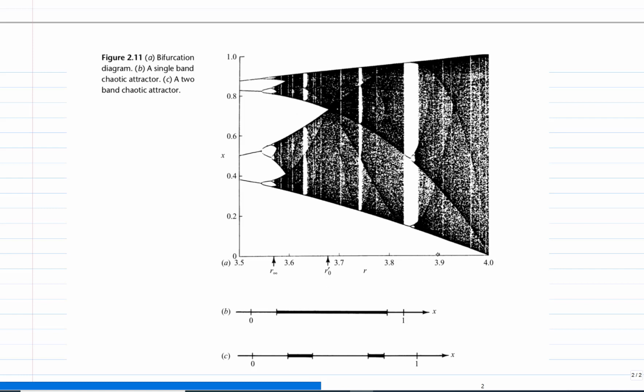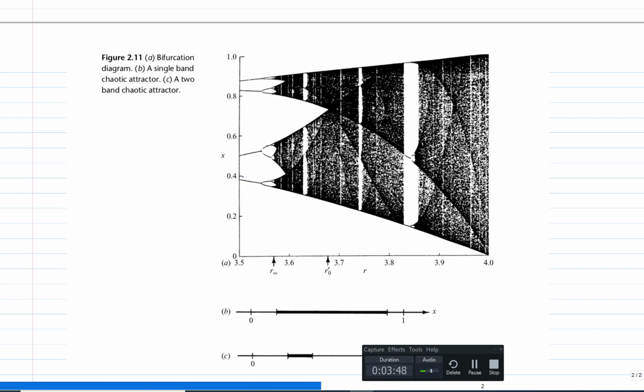And well, we already had an algorithm for how we got this diagram. Basically, you start with an initial condition and then you iterate forward, and once the transient motion gets settled onto a stable attractor, this is what this diagram is capturing.